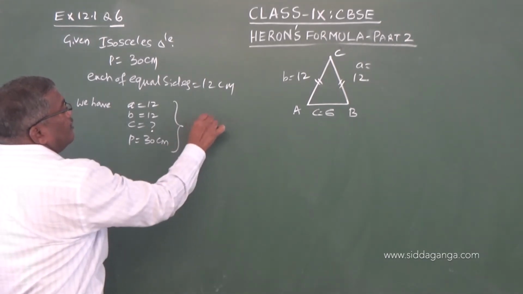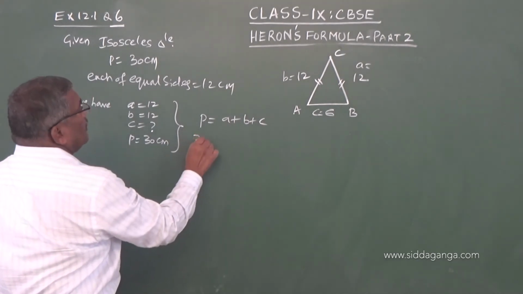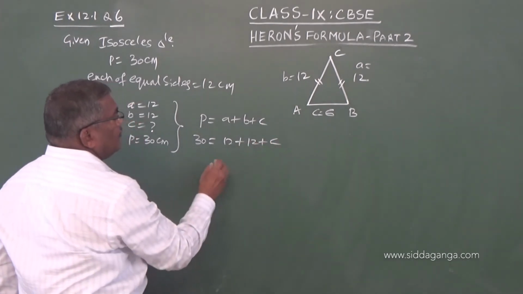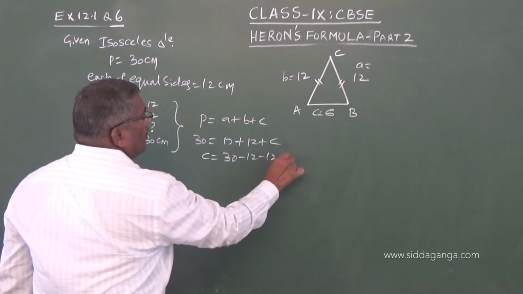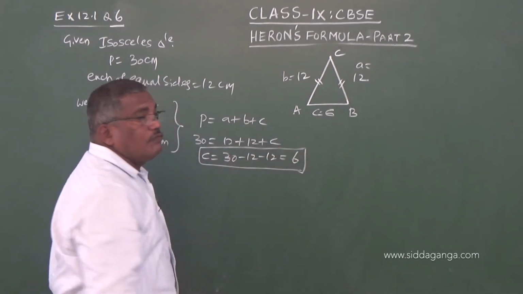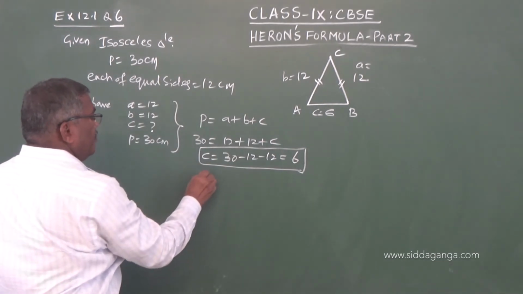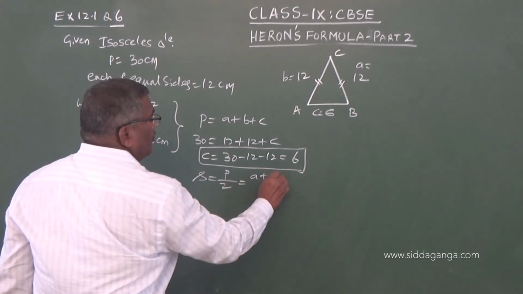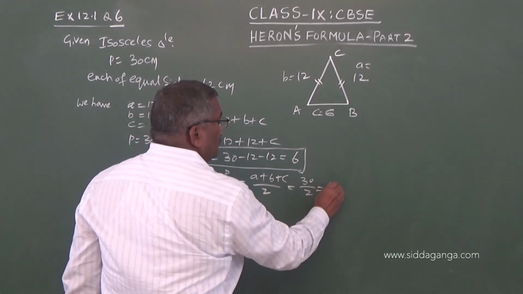Perimeter is equal to A plus B plus C. So 30 equals 12 plus 12 plus C, so C equals 30 minus 24, that is equal to 6. So C we have calculated. Semi-perimeter S is given by perimeter divided by 2, that is A plus B plus C divided by 2, equal to 30 divided by 2, which is 15.